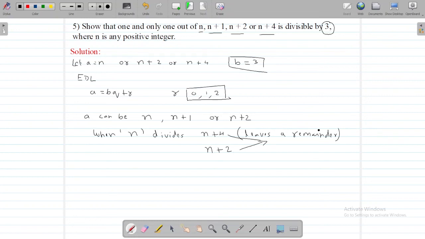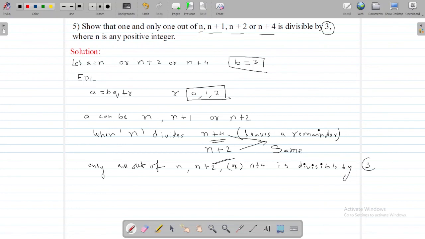So both these numbers, that is n plus 4 and n plus 2, will be giving the same remainder as it divides. So finally we can say that only one out of n, n plus 2 or n plus 4 is divisible by 3. So this is our answer.